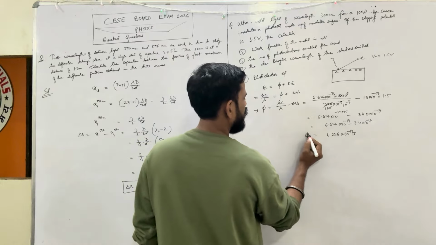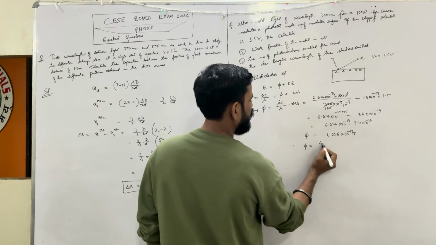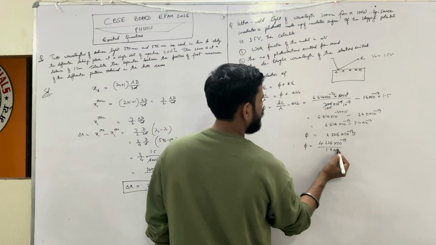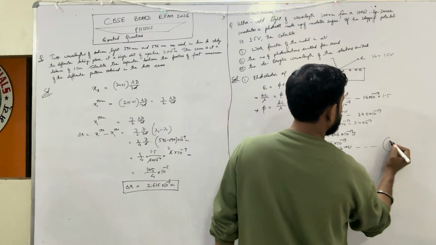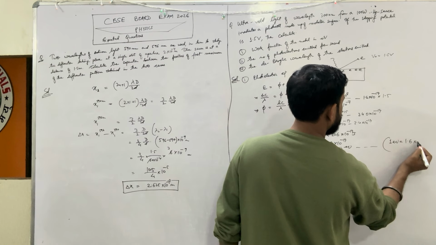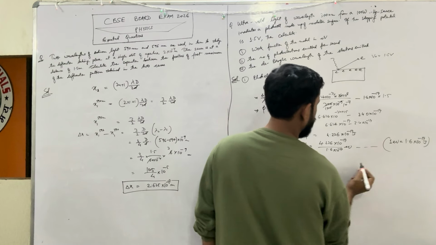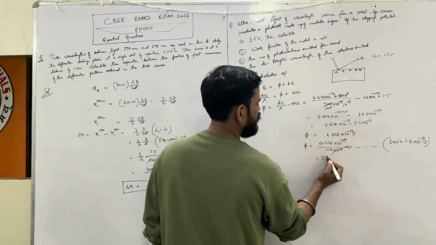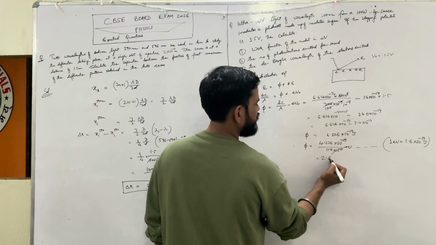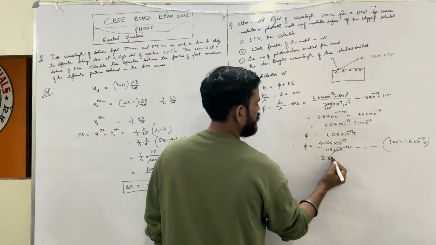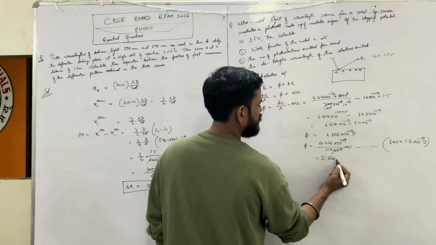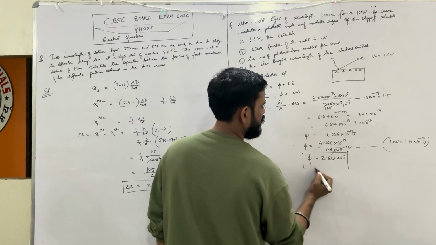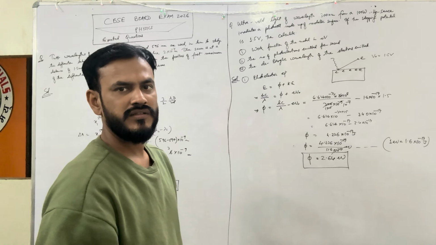So phi will be 4.226 into 10 power minus 19 divided by 1.6 into 10 power minus 19 electron volt, since 1 electron volt is equal to 1.6 into 10 power minus 19 joule. So this gets cancelled, and we get approximately 2.64 electron volt. So work function is approximately 2.64 electron volt. So this is the first part of the solution.